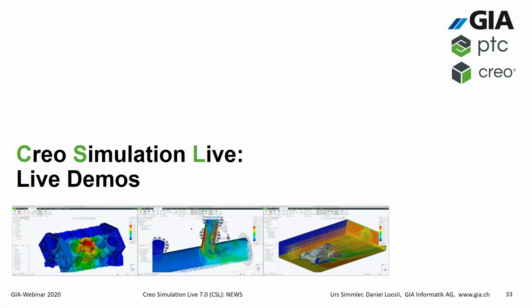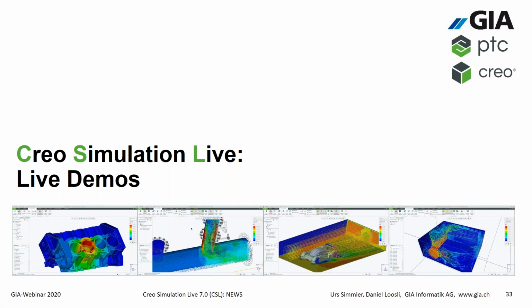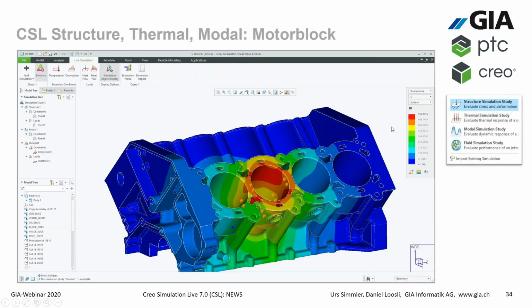Then we are doing a wind channel analysis of a race car. And in the end, we have an electronic enclosure, and we'll see the combination of thermal and fluid behavior. So we want to cool down this electronic component with the help of an airflow.